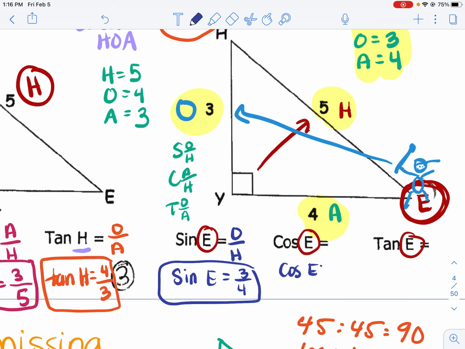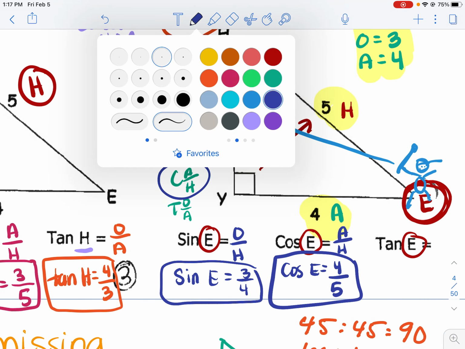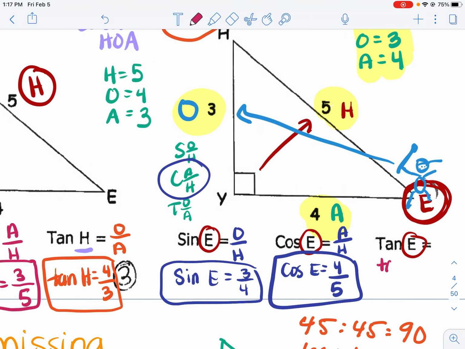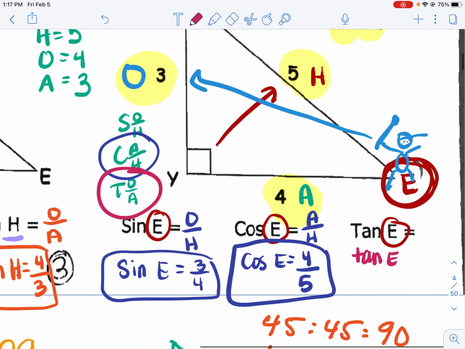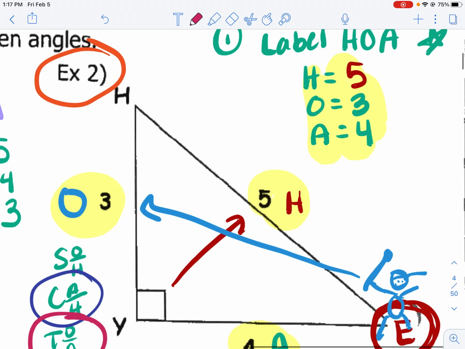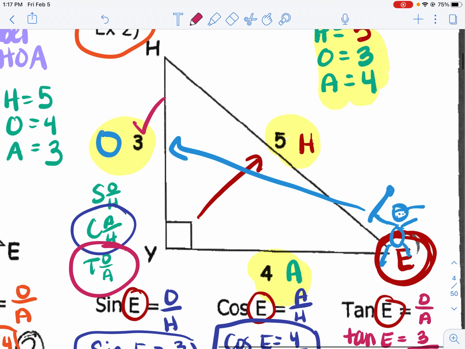Cosine of E, so again, cosine is going to be A over H. So our A is 4, our H is 5. And then tangent of E, remember tangent. Okay, so either go back to your little checklist up here or look on your picture. Tangent is going to be O over A, TOA. Our O is 3 and our A is 4.